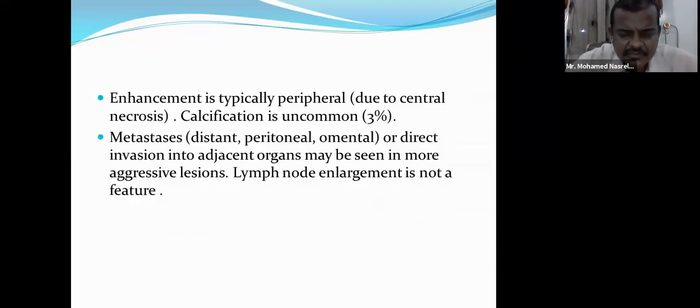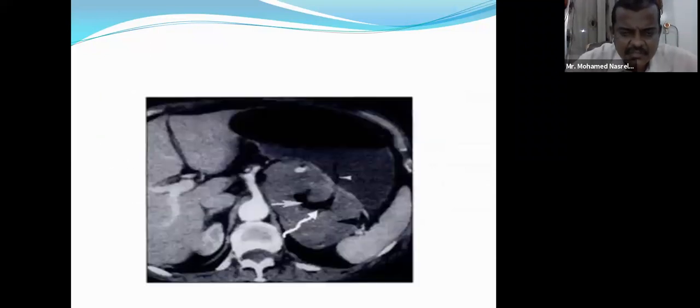I'll show you. This is the tumor, and this is the sign. It is actually an air-fluid level within the tumor itself.